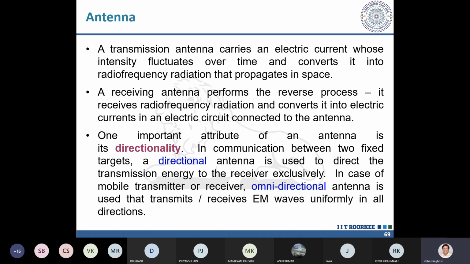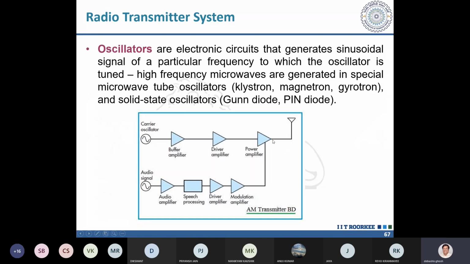A transmission antenna, whatever electric current it is producing based on the modulated wave, because it has to throw the modulated wave into space, based on that fluctuating electric current, you will have some disturbance in space.